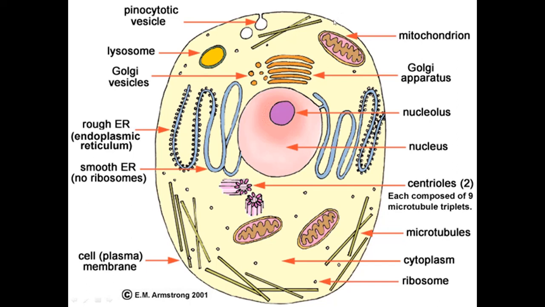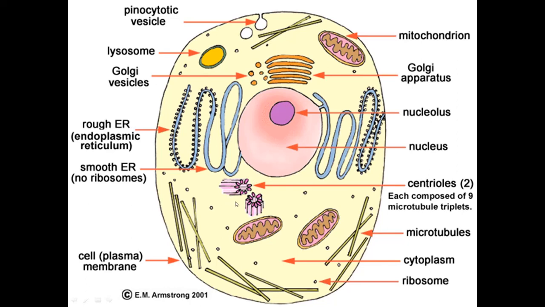So here there is a cell membrane, cytoplasm, nucleus. And in the cytoplasm there are many organelles such as mitochondria, Golgi apparatus, then microtubules, ribosomes, then smooth endoplasmic reticulum, rough endoplasmic reticulum, Golgi vesicles, lysosome, pinocytic vesicles, etc. So these are the organelles, and along with this, very important, that is centriole.